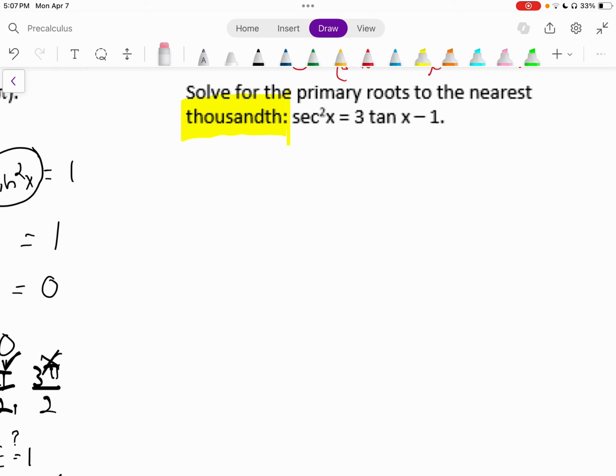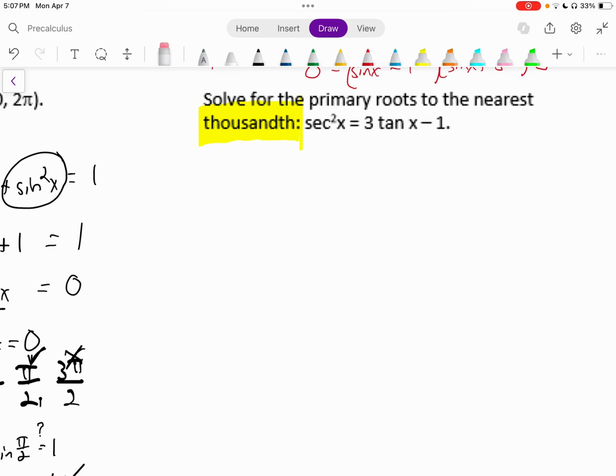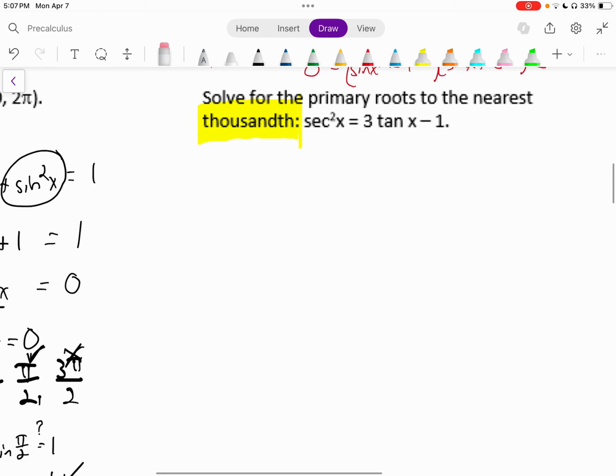Does secant squared, using our identities, have anything to do with tangent? And it does. We have our Pythagorean identities, and we know our first Pythagorean identity that we learned is sine squared x plus cosine squared x equals 1. So we can't use that.